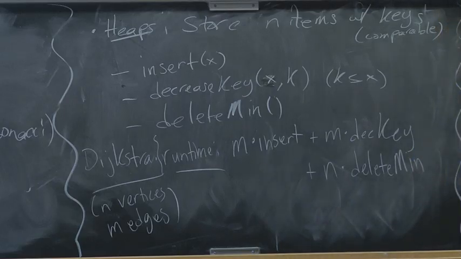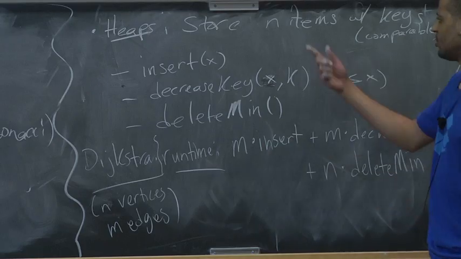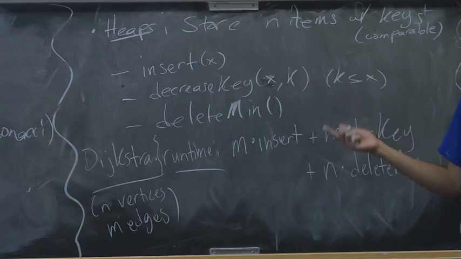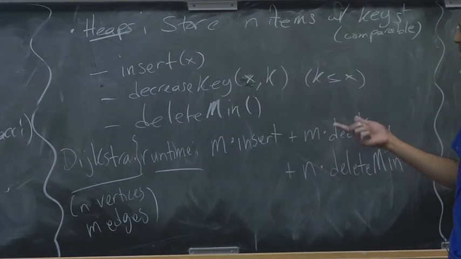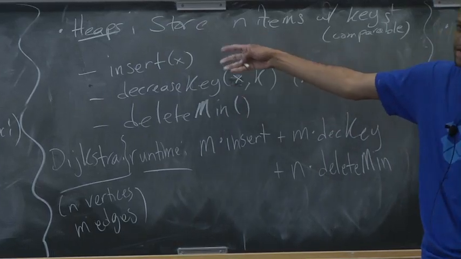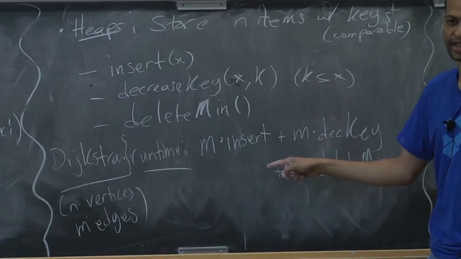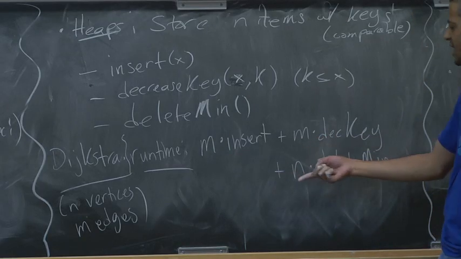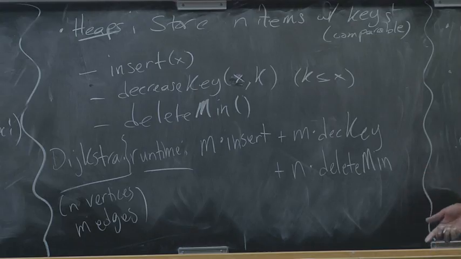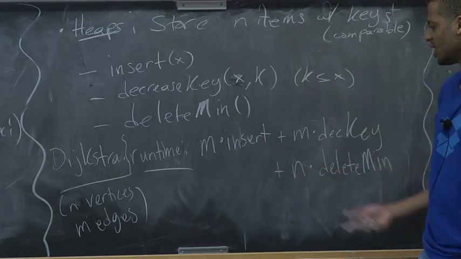If you remember binary heaps, say if you've taken CS124, you know that you can implement all these operations in log n time. So you'll get a running time of m plus n times log n. But if it's a connected graph, then m will be bigger than n, so m log n.